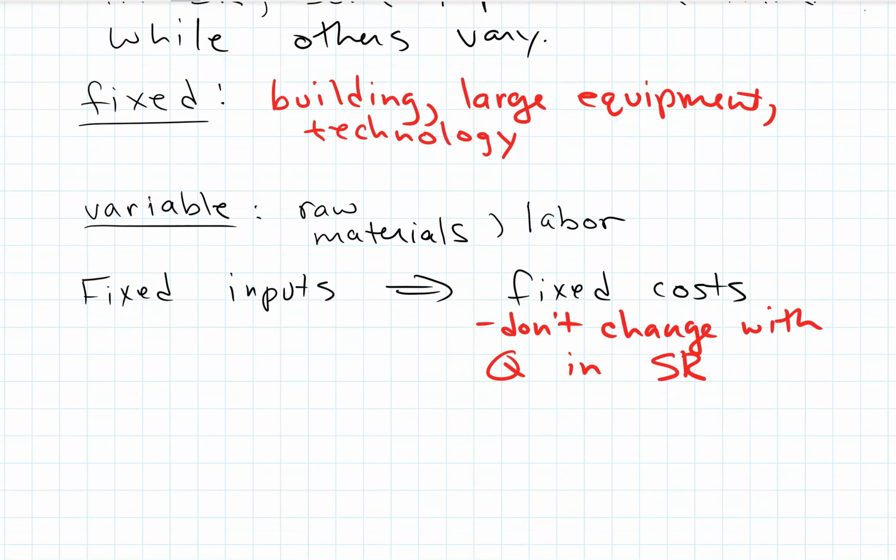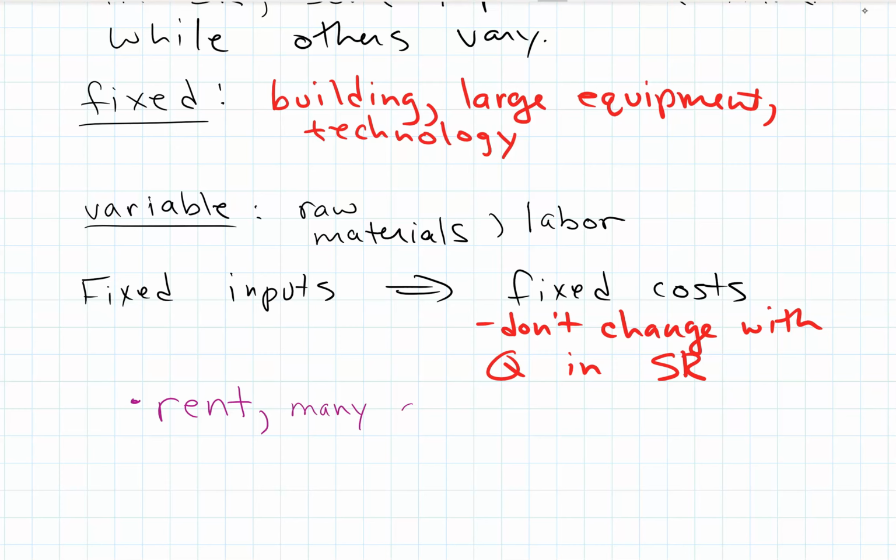Some examples of these are, for example, rent. You're paying rent on a certain building, and you probably signed a contract to pay a certain amount of rent for a certain amount of time. And even if your business is really busy or not busy at all, you still got to pay the same amount of rent. That's an example of a fixed cost because it's not going to really change.